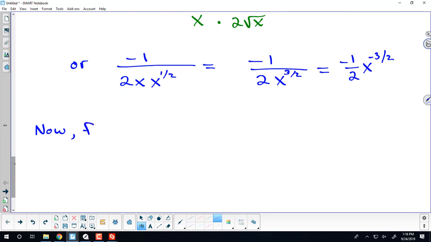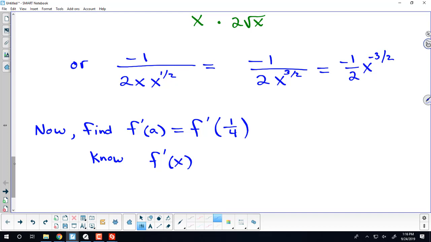So now find f prime of a, which is f prime of, I believe that was 1/4. Yes. So now we need to find f prime of 1/4. And what we know is f prime of x is negative 1/2 x to the negative 3/2, or however you want to represent that.